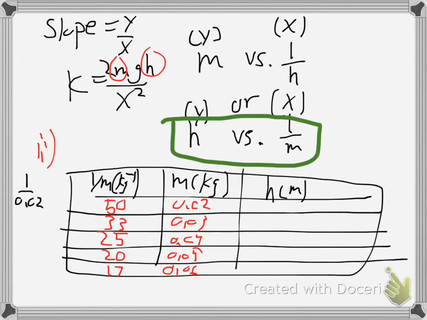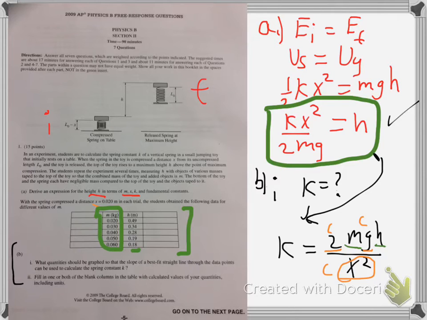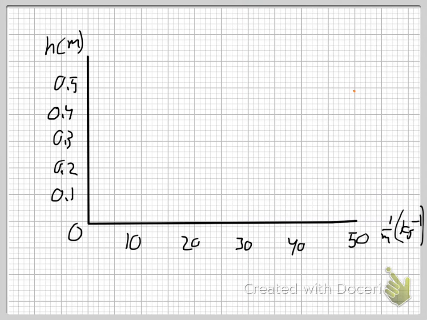Our next point: 1 over m is 33, so that's my x, and my y is 0.34. So 33, then 0.34, and I think that's about there.